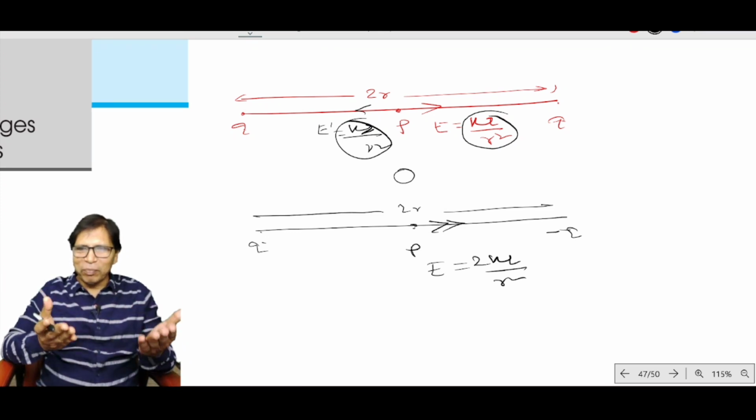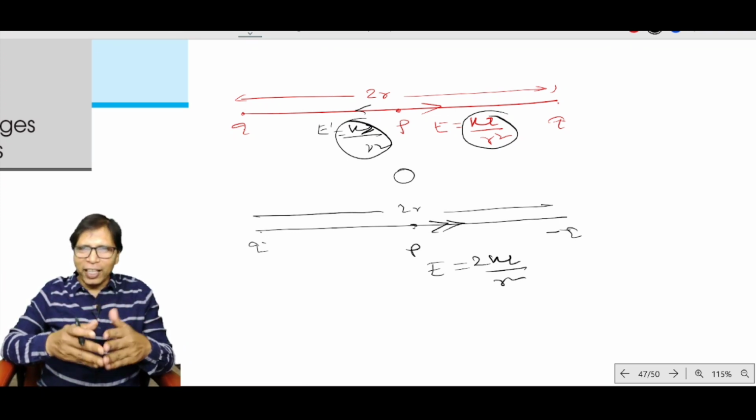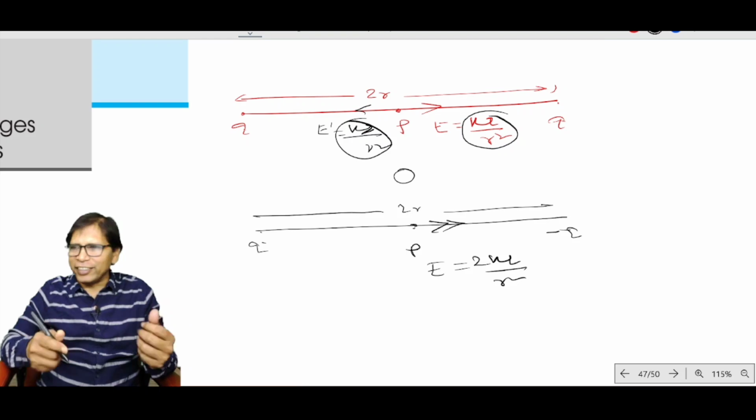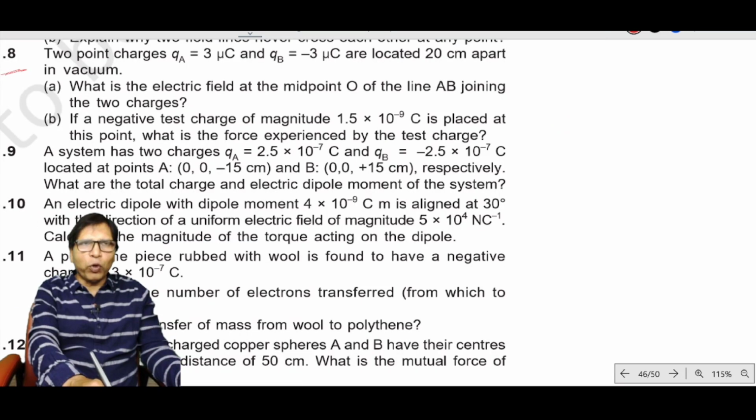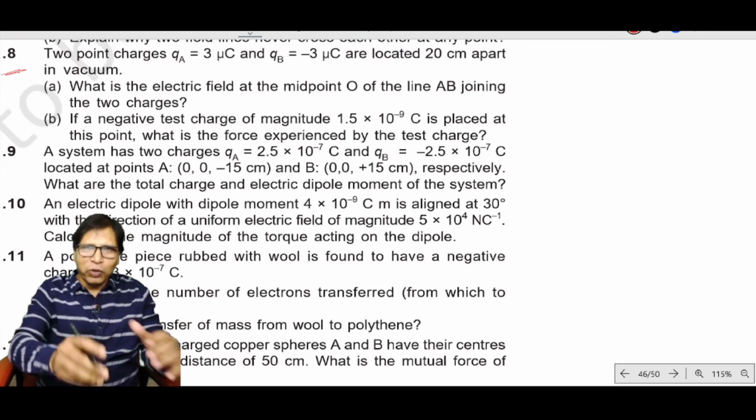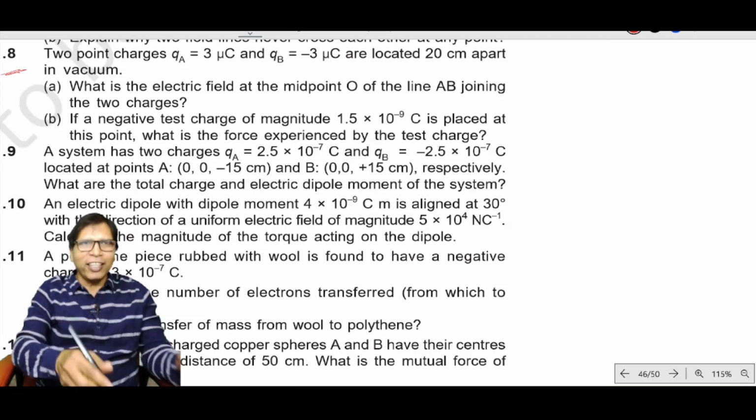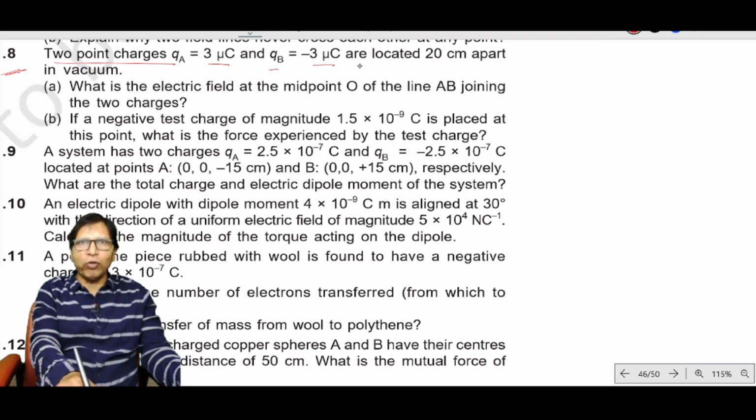Okay. No problem. Now, a numerical related to electric intensity. Numerical 1.8 on the electrostatic field. Two point charges, QA equal to 3 microcoulomb and QB equal to minus 3 microcoulomb, are located 20 centimeter apart in vacuum.